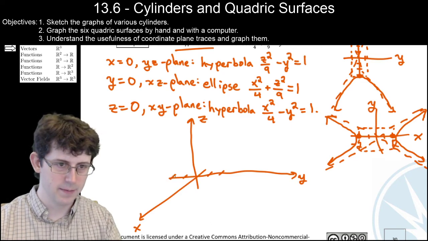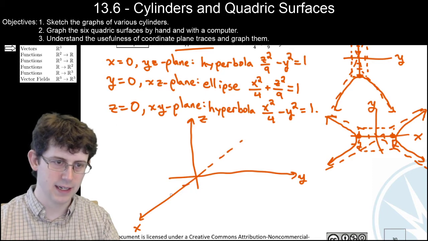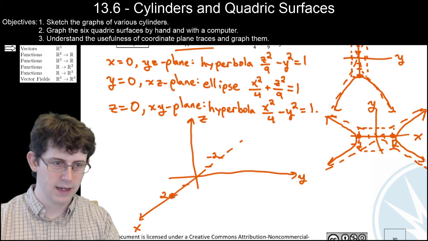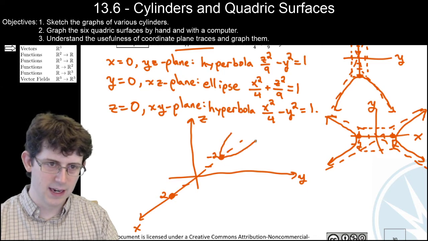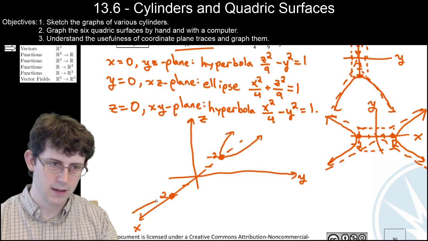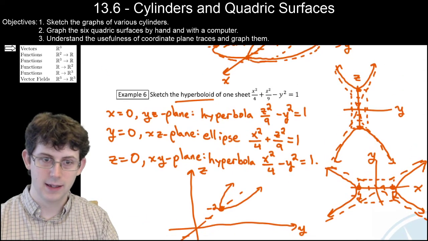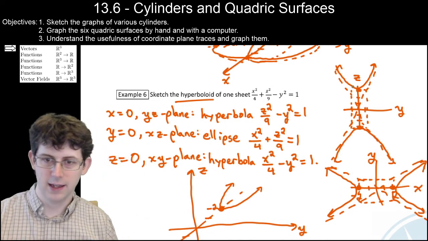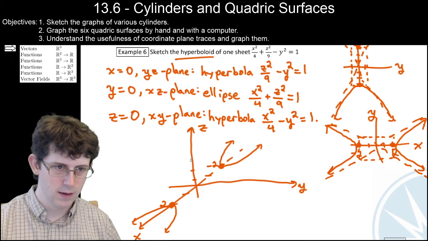I go from -2 to 2 in the x's, and there are actually points there. And it's kind of thin in this direction. In the yz plane, at x equals 0, it's also squeezed in thin, but it goes to z equals 3 and z equals -3.